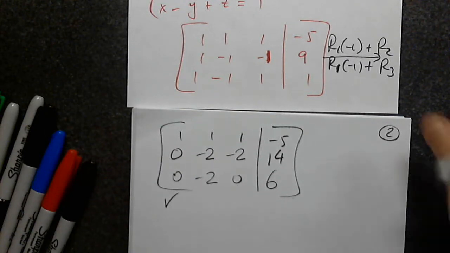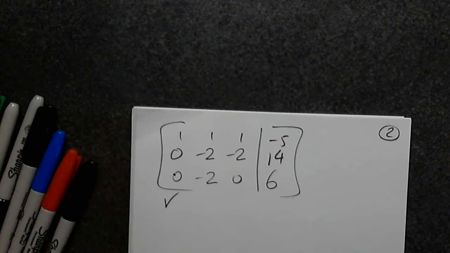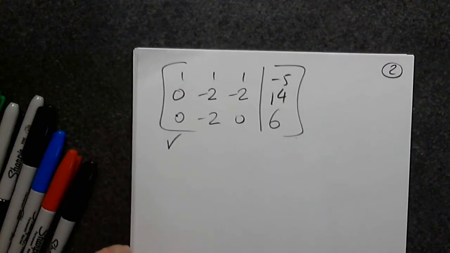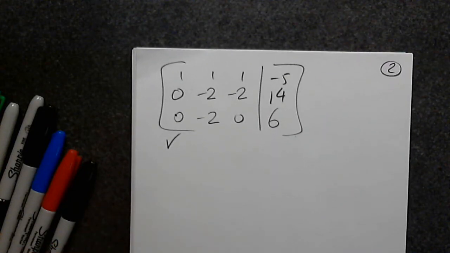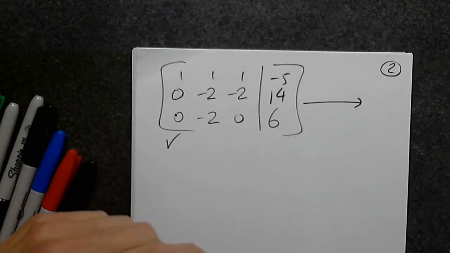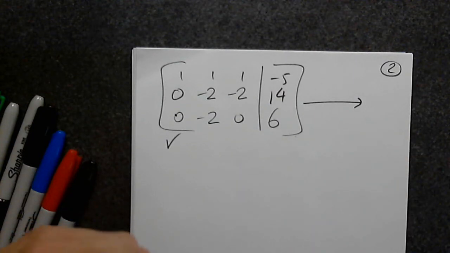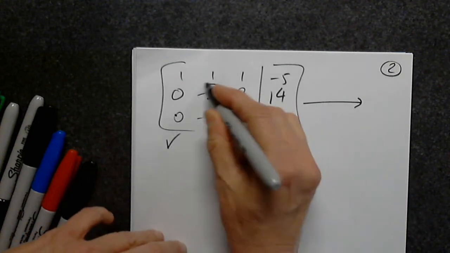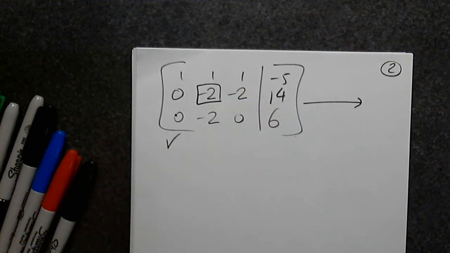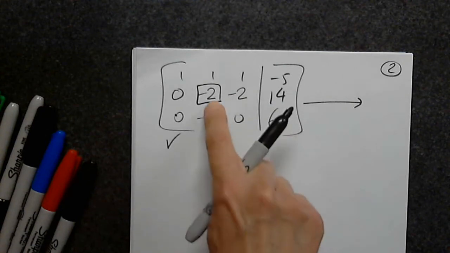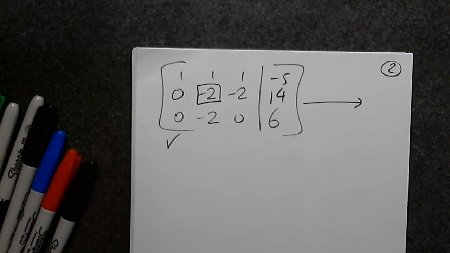Can anyone give us a second step or the beginning of the second step? You're talking about 1 here. I can't do any of that yet. If I don't have a 1 here, I cannot proceed.